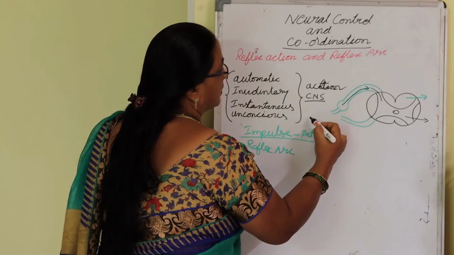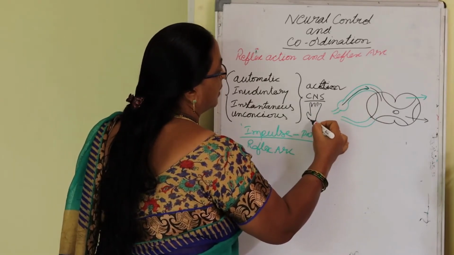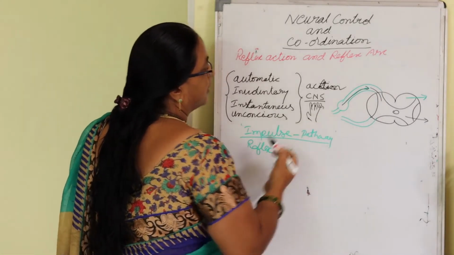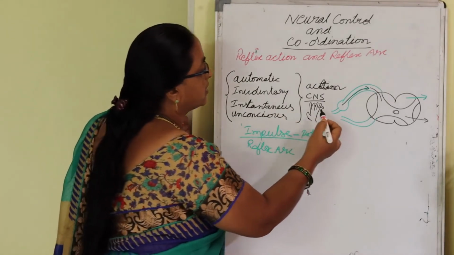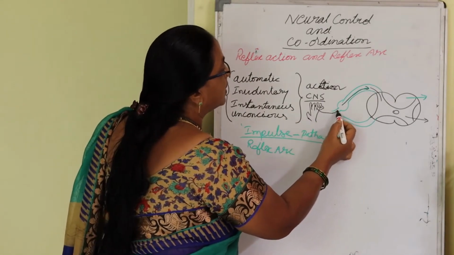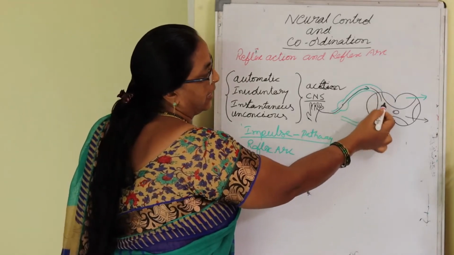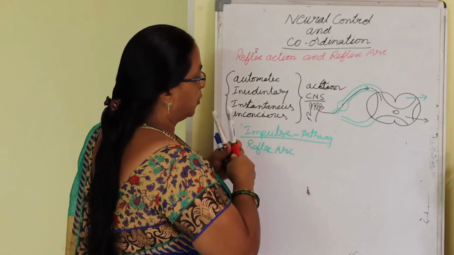reaches. For example, if we take the hand, here the receptors receive signals and this impulse travels through the dorsal root of the ganglion and reaches the interneuron.